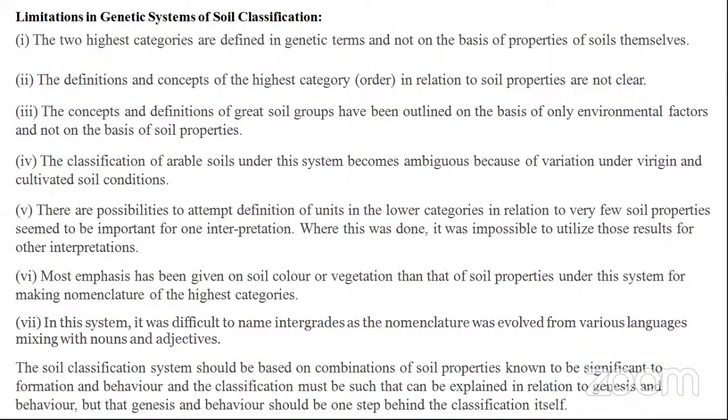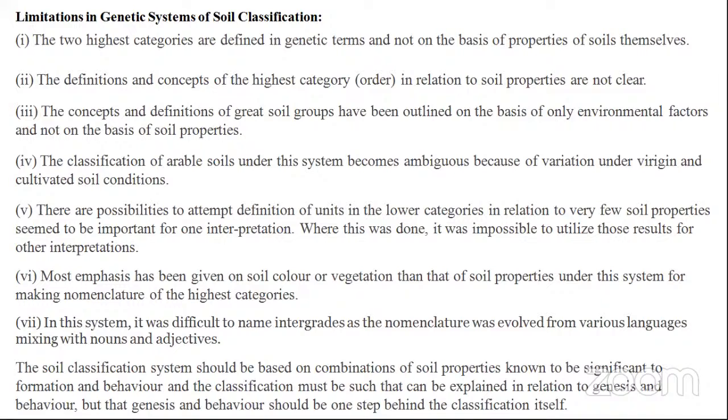Also, for results and interpretation, we can't interpret between the soil properties. Interpretation is comparing, and we can't do any proper scientific study in the zonality concept. So these are some defects and problems in the genetic system. That's why this system was not that successful.